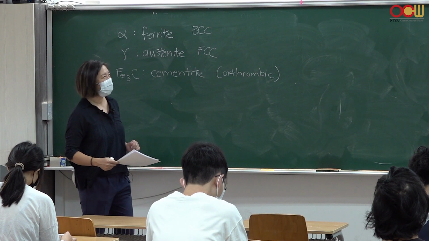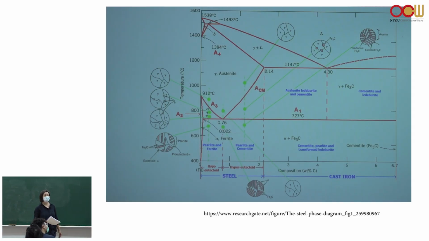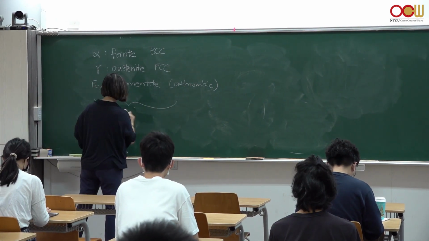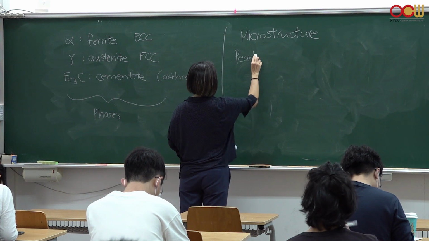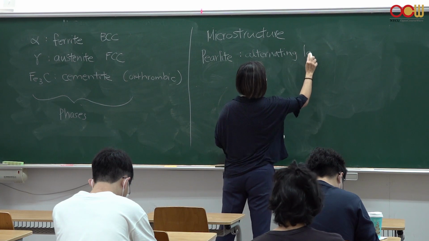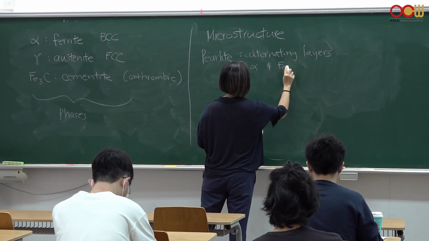So now we look at the same diagram. This is the same as what we looked at before, but now it shows you the microstructure. Because steel is such an important material, people have given it lots of names. These are the phase names. These are the phases. The microstructure is something called pearlite, and that's alternating layers of ferrite and cementite.